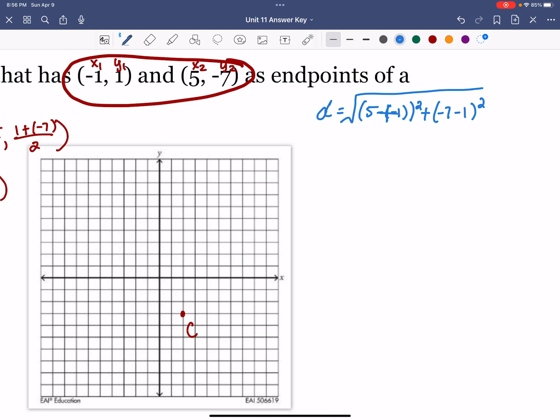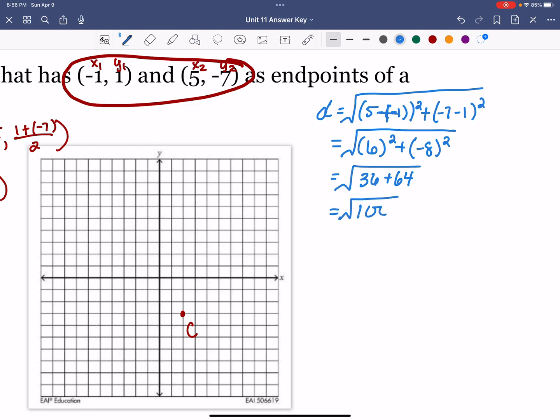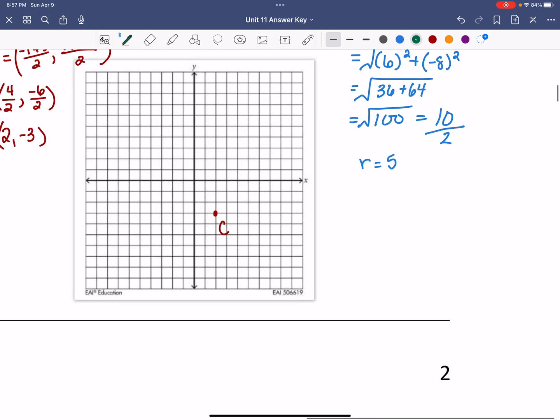This will give me 5 plus 1, which is 6 squared, and -7 minus 1, which gives me -8 squared. 6 squared is going to be 36, -8 squared is 64. 36 plus 64 gives me the square root of 100 here, which equals 10. And we know that's my diameter, so I'm going to go ahead and divide this by 2 to get my radius to equal 5. Whew, that was a lot of work.